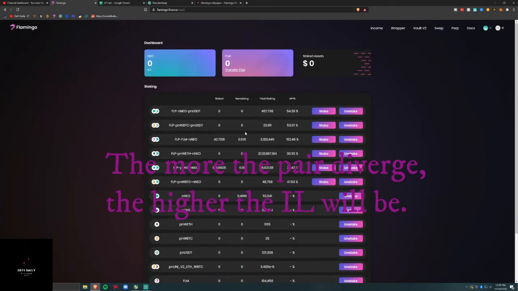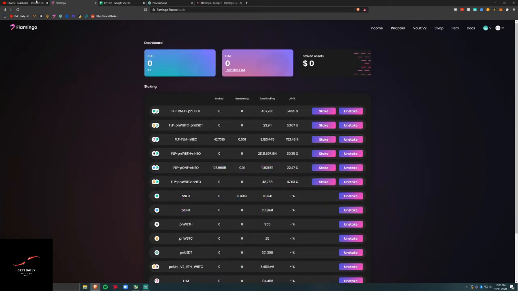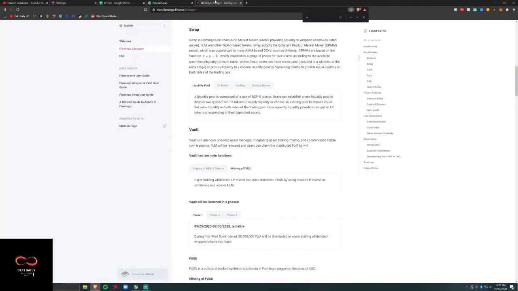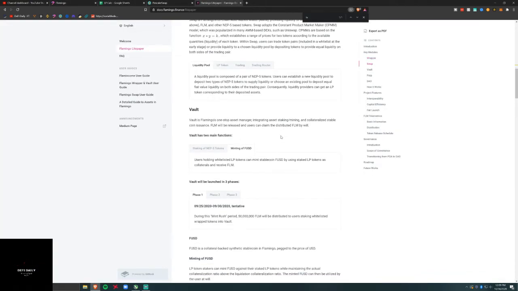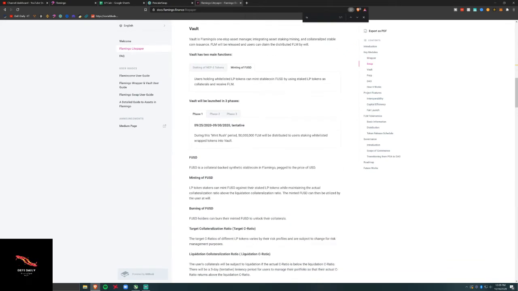Okay, so this is all great, but the next phase, which is coming up, and which I think is really where we're going to see what this project is capable of, is the minting of the FUSD that I was talking about. In addition to generating the FLM that we're already generating, we'll be able to generate these synthetic FUSD stablecoins, which are soft pegged to $1.